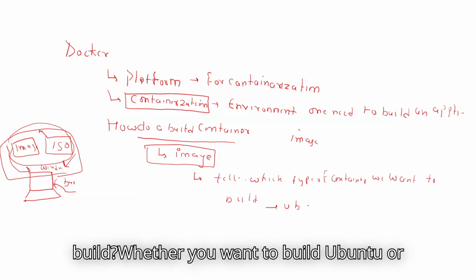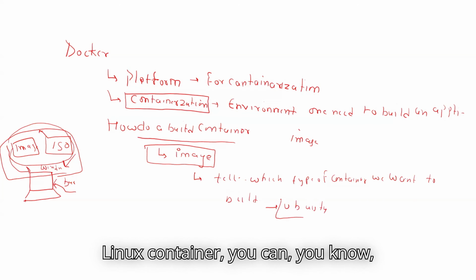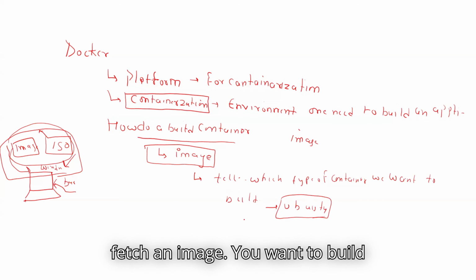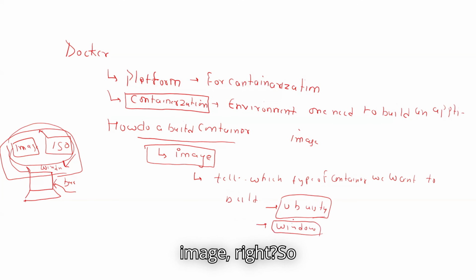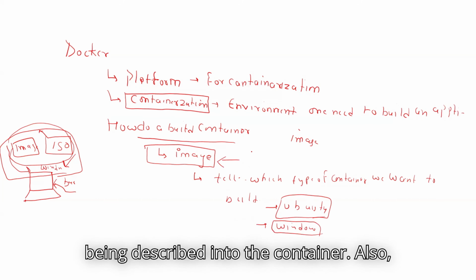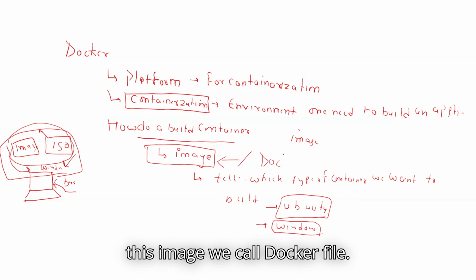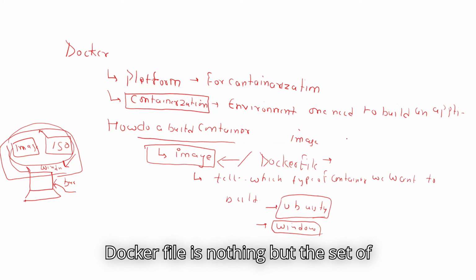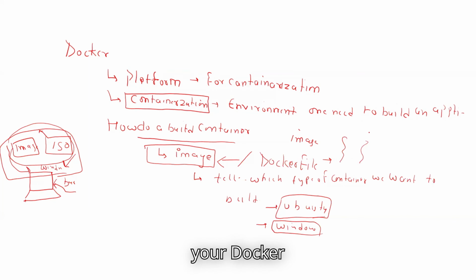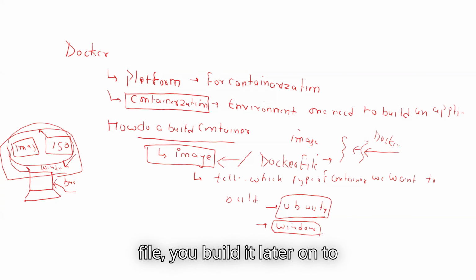Whether you want to build an Ubuntu or Linux container, you can fetch an image. If you want to build a Windows container, you can fetch an image. So everything is described in the image. Also, this image we call Docker file. Docker file is nothing but the set of your Docker commands. You mention them in this Docker file, and this Docker file you build later on to bring your container up.